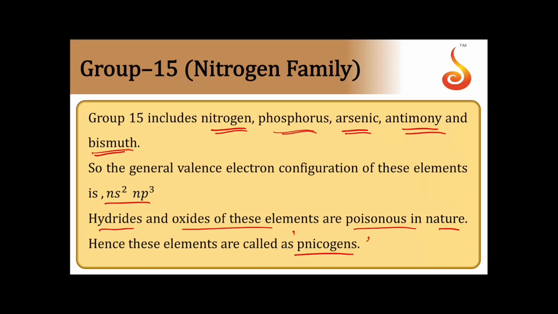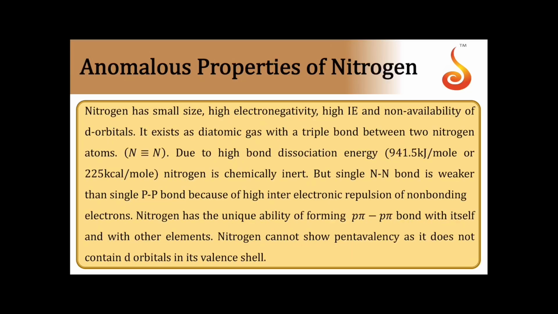The term pnicogen is derived from an ancient Greek word which means choking or suffocating. Because these hydrides are suffocating in nature, these elements are called pnicogens. So pnicogens are 15th group elements with configuration ns2 np3.